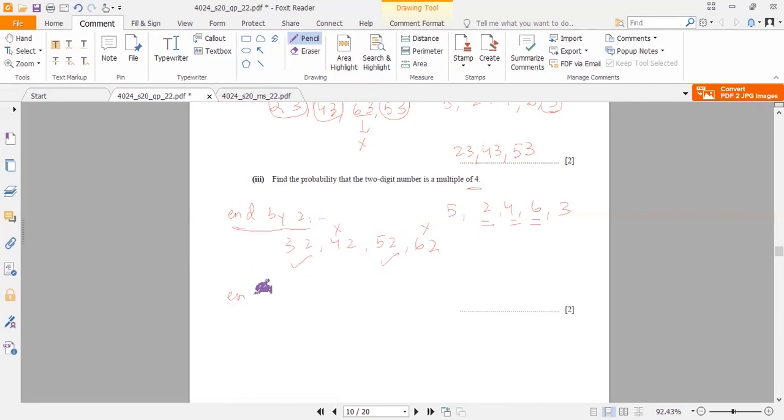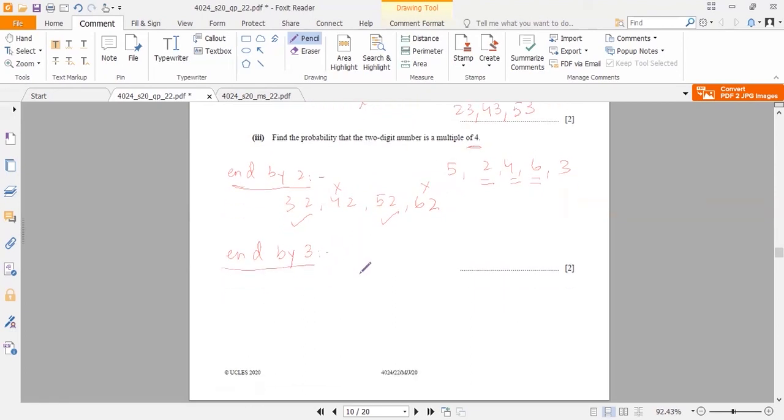Now come to the next case, ending with 4. Sorry, the number ends with 4, not 3. So the possible numbers are 24, 34, 54 and 64. 24 is divisible by 4, 34 is not divisible, 54 is also not divisible, and 64 is divisible.